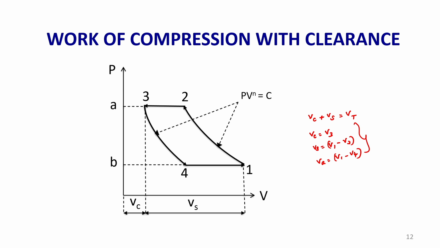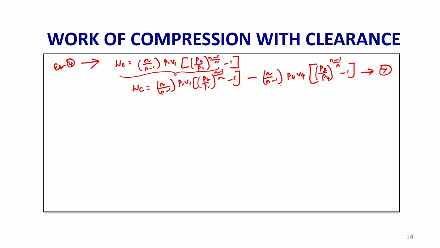Here, for the initial one I am taking the pressure as P1, for the second one it is P4, of course P1 is equal to P4 and P2 equal to P3. The second is for the expansion process.